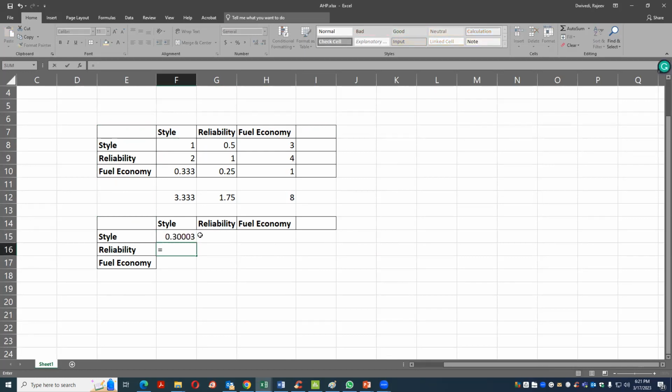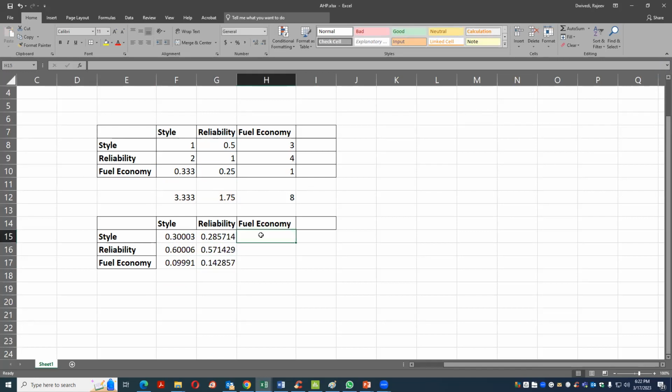Okay, the same thing I do. 2 divided by this. Similarly, I can do this divided by this. Similarly, I can do here this divided by the sum, individual values divided by the sum, and again 0.25 divided by this.